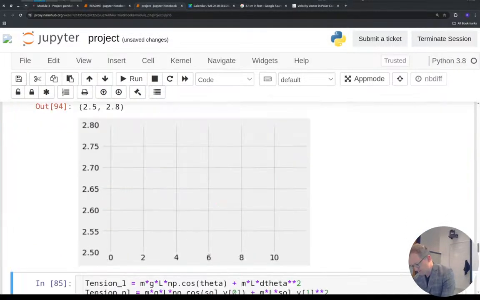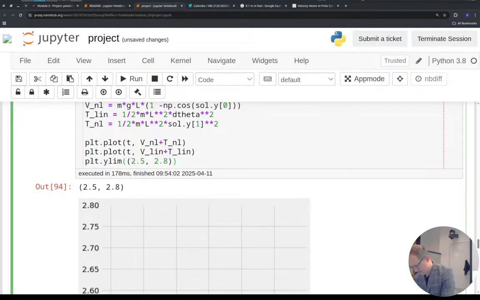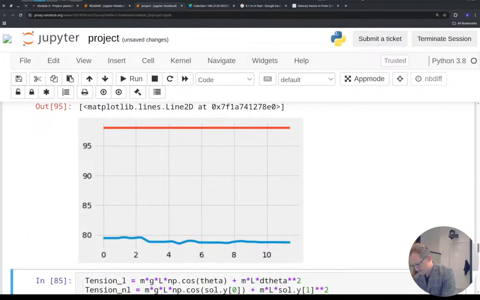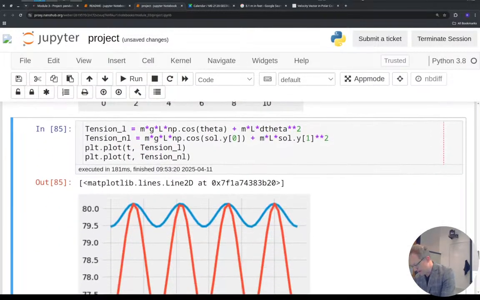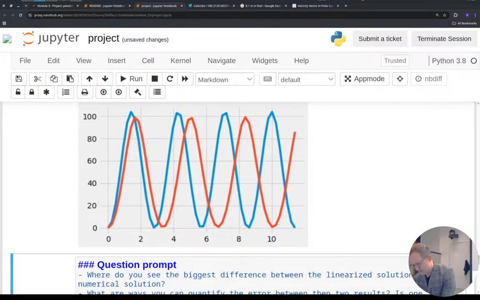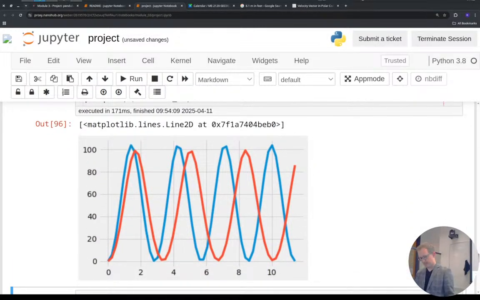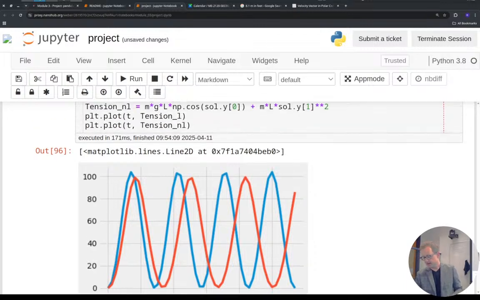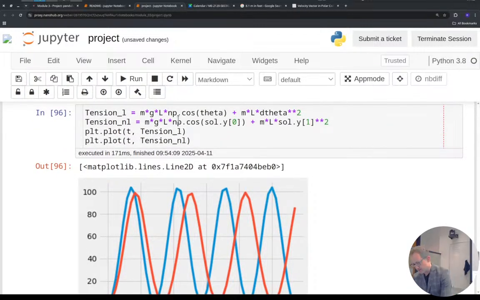What's your problem here? Oh, because I have that. Still have constant energy. But now we're starting to see a difference in kinetic and nonlinear and linear. Linear, if you include the cosine term and that d theta squared term, is a more conservative approach.